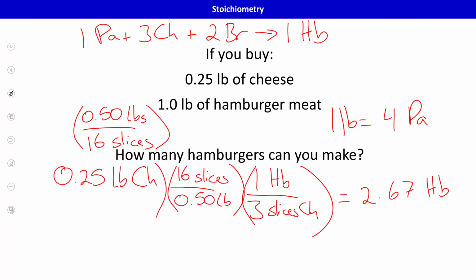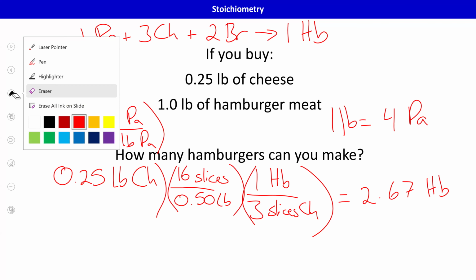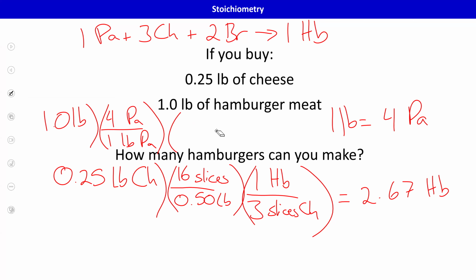Versus, I have enough hamburger meat to make 4, right? I can see that already, but let's show that. 1.0 pound, for every 1 pound of patties, that's going to be 4 patties. And for every 1 patty, I can make 1 hamburger.